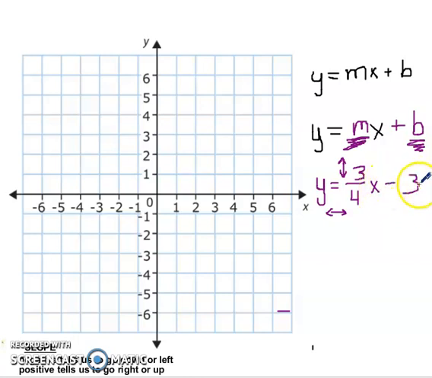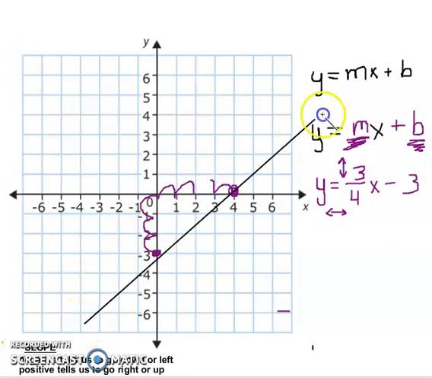So this line right here, I can look at this and I can make a line. I know I'm going to start on the y-axis at -3. And then I know from that -3, I'm going to go up 3 over 4. So right there is my second point, and then I would just draw a line through them both. That's my line from this equation, y equals 3/4 x minus 3.